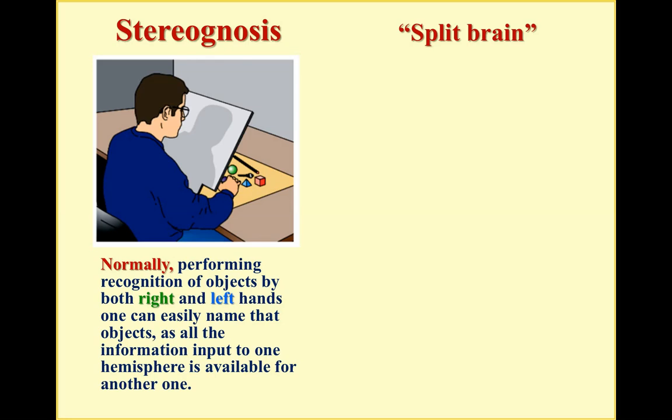Of course, no one did such experiments intentionally on humans, but in the 20th century, there were many cases of attempts to treat severe epilepsy, when patients had very severe convulsions, and when the usual medicines were not helpful, they suggested trying a surgical operation when the corpus callosum fibers were cross-sected, partially or completely.